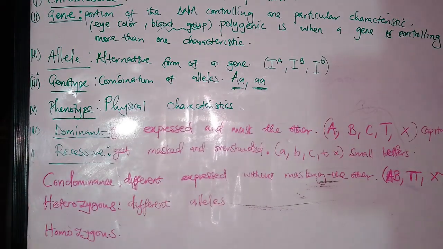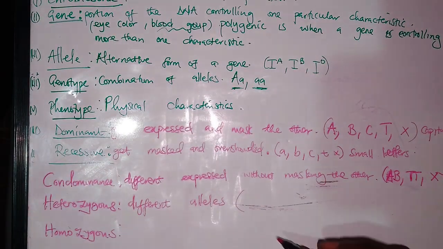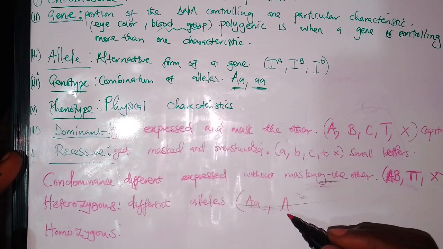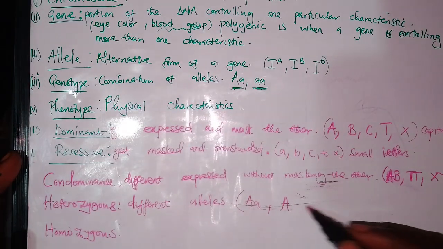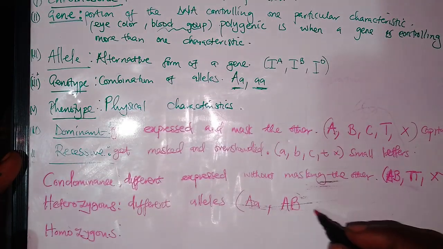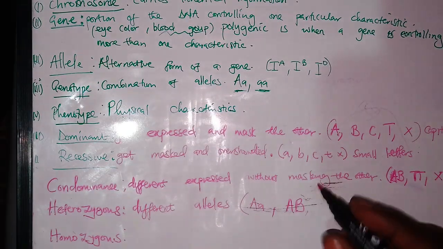We can have either AA or AB, we will use the two examples.